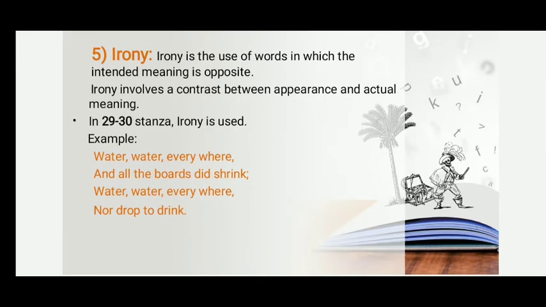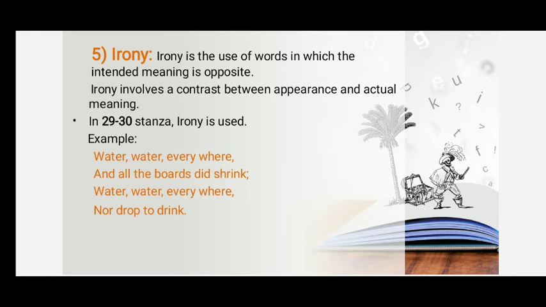Now the fifth literary device in the second part of this poem is irony. What is irony and where is it used? Irony is the use of words in which the intended meaning is the opposite.